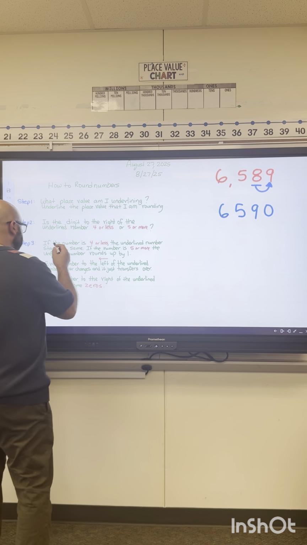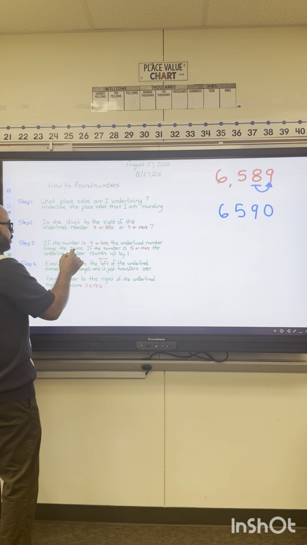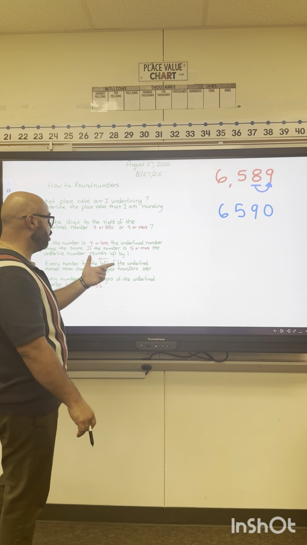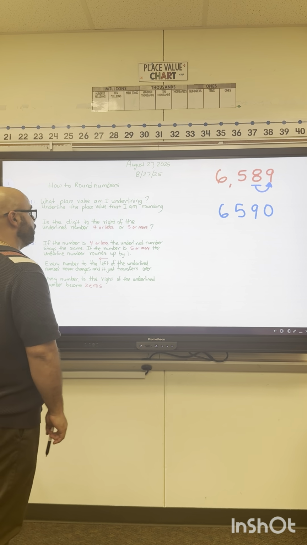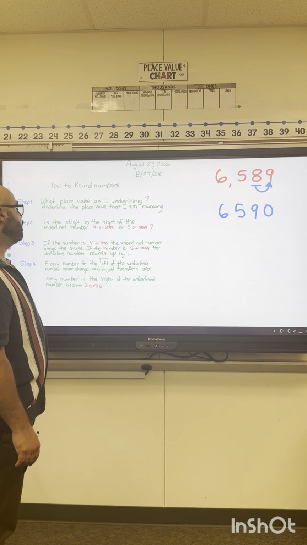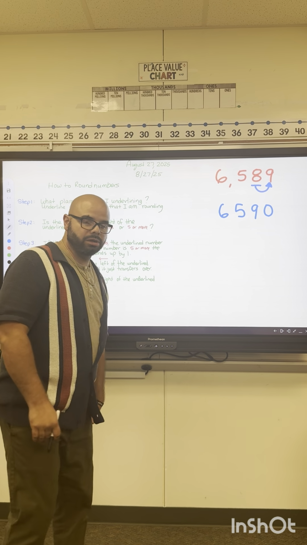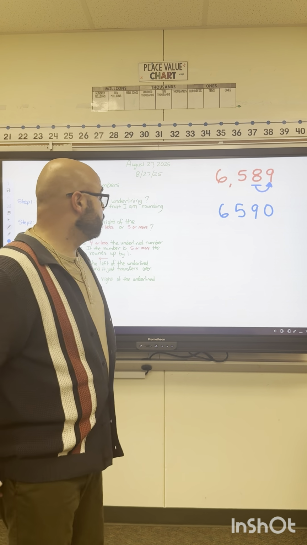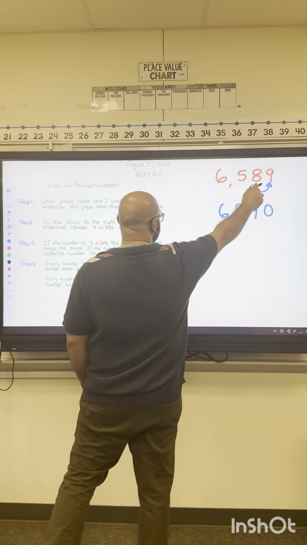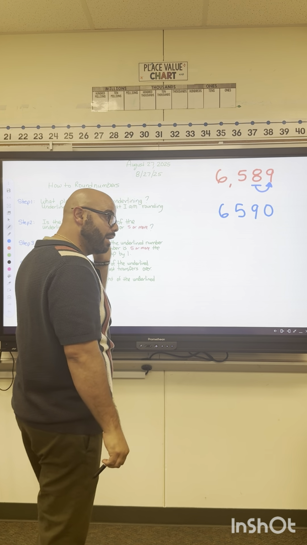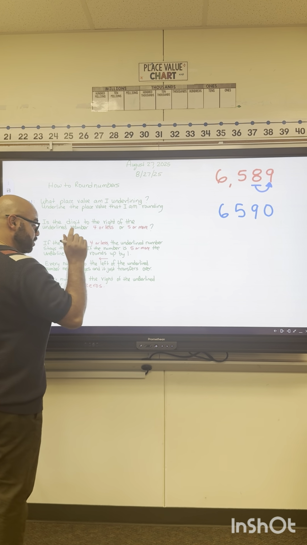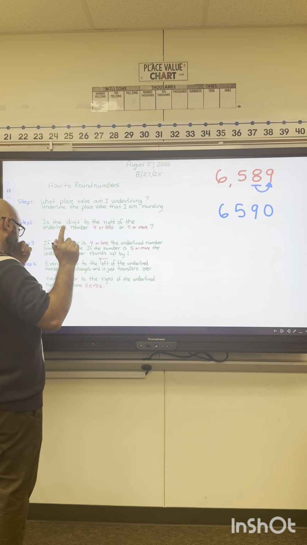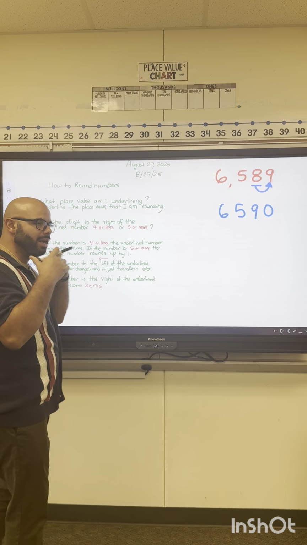So look at step 3. If the number is 4 or less, the underlined number stays the same, as I said, okay? If the number is 5 or more, the underlined number rounds up, okay? So it is 5 or more, which means that underlined number has to round up, okay? Now, this is another thing that I wanted them to do, and it's just to get them to read.